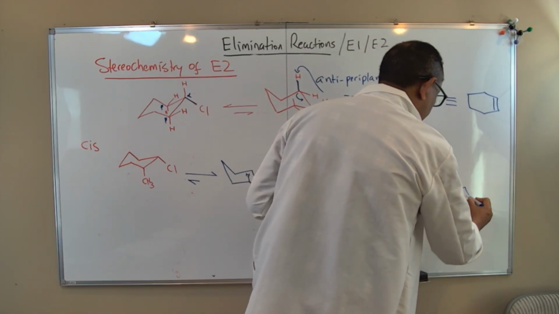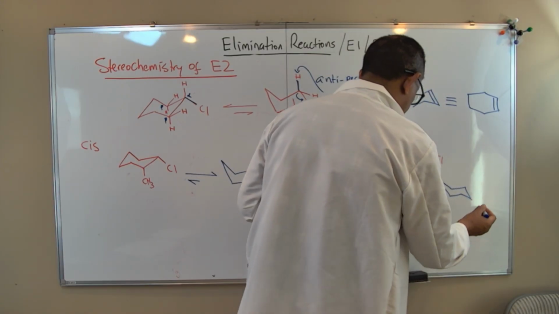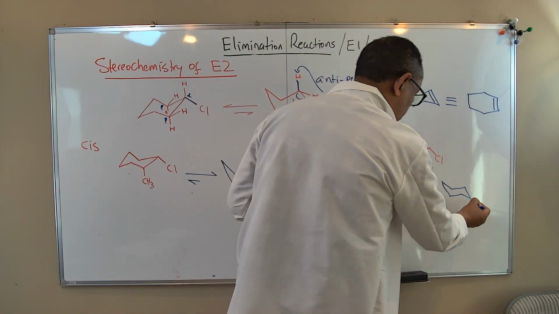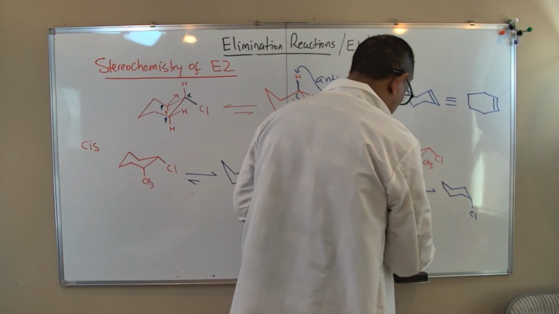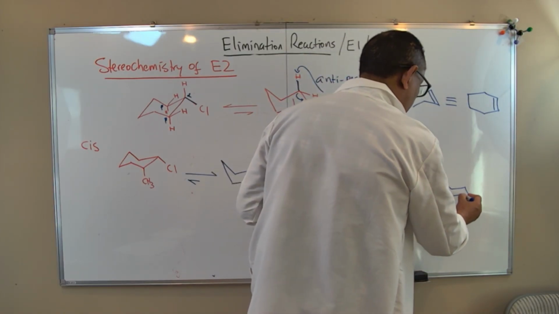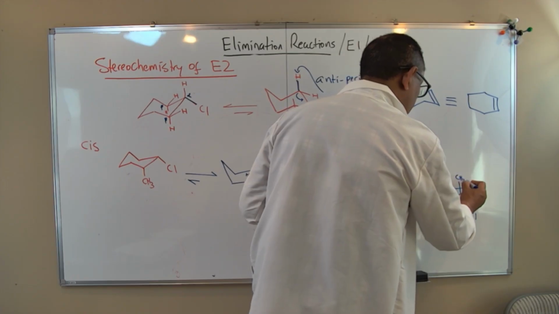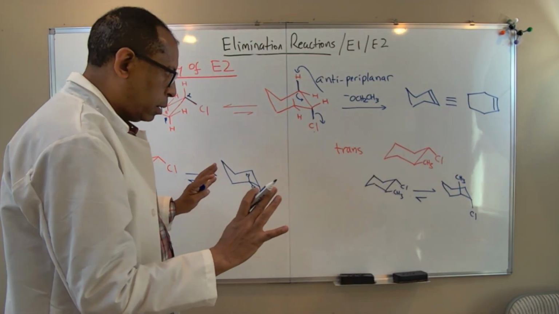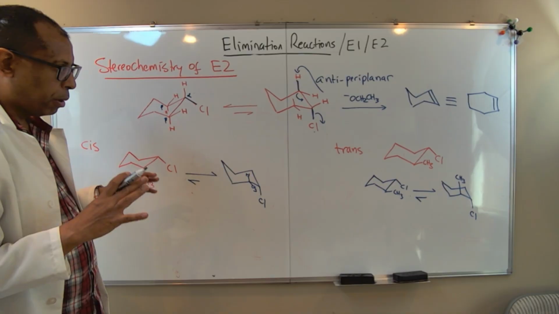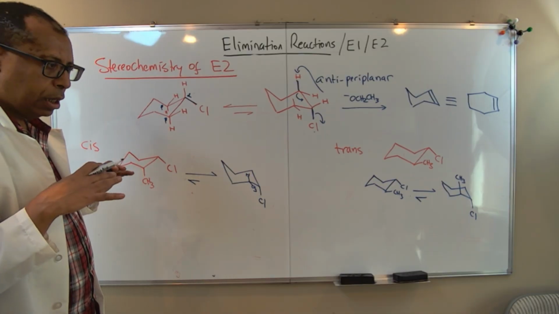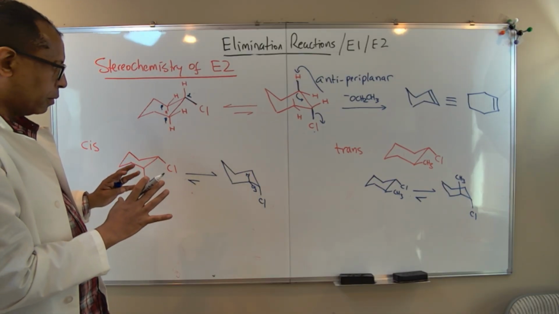So I have this conformer where this chloride is axial and this methyl is also axial. This is just for problem-solving purposes, an initial thing you have to consider first.